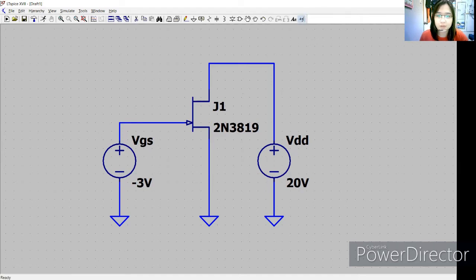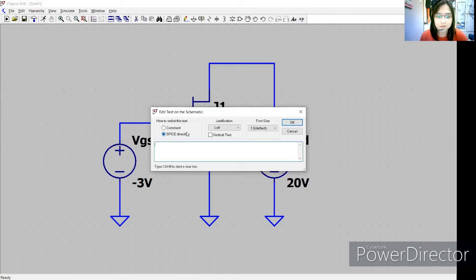So we will perform a DC sweep with the command .dc VDD 0 20 0.02 VGS -3 0 0.5.